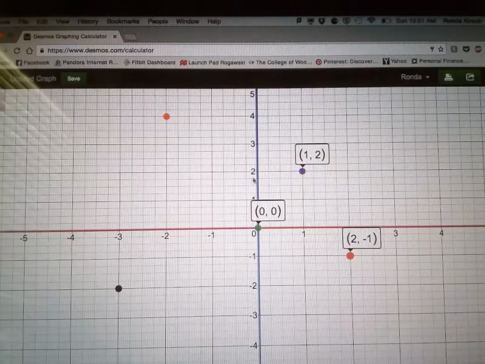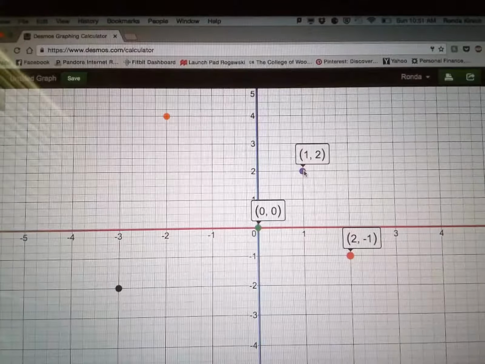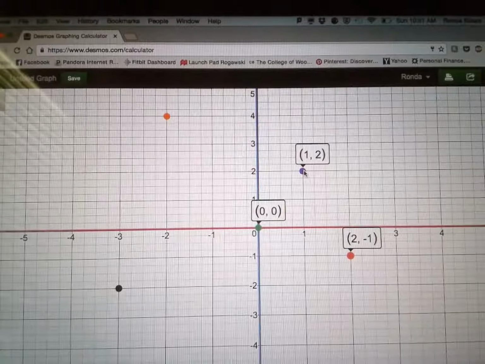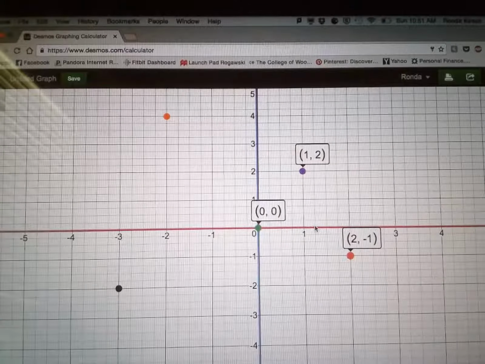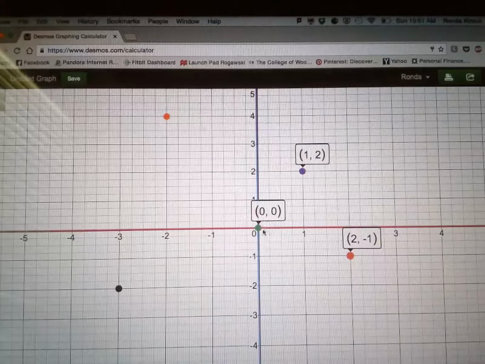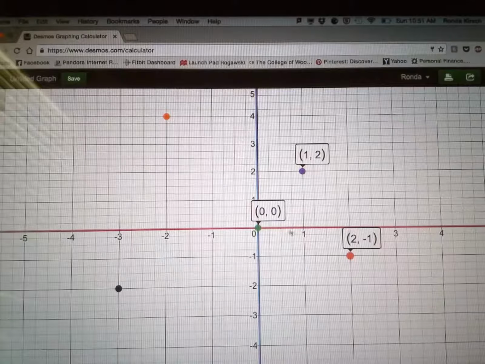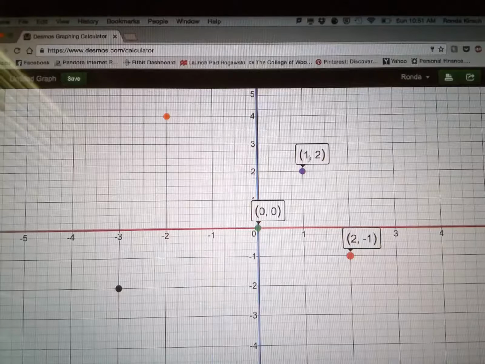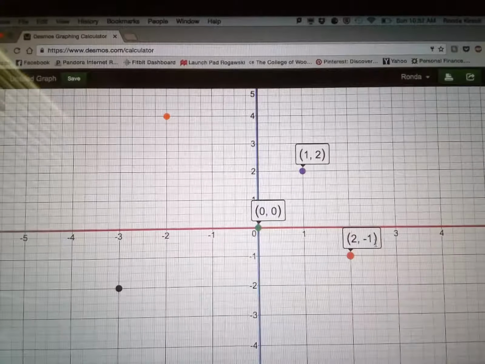That's because this one is 1 unit, and right of the origin on the x-axis is considered the positive direction. It's how we distinguish which way we're walking, basically. So the 1 here means I have 1 unit to the right of the origin, and this 2 is 2 units to the right of the origin.